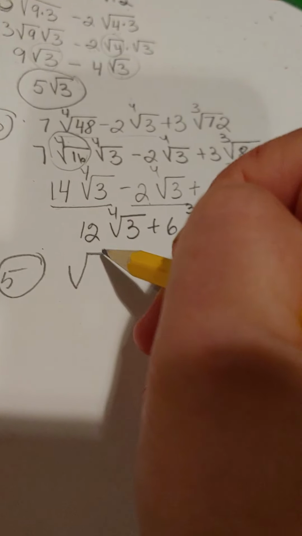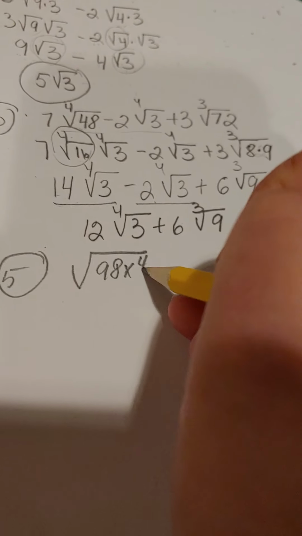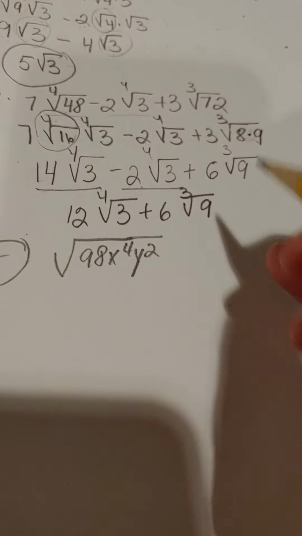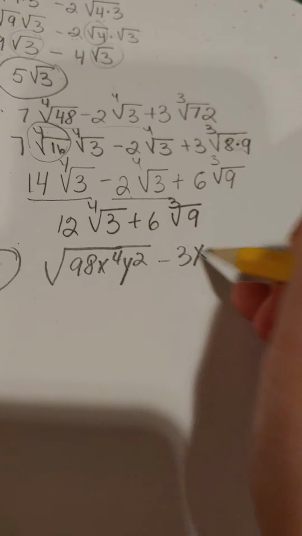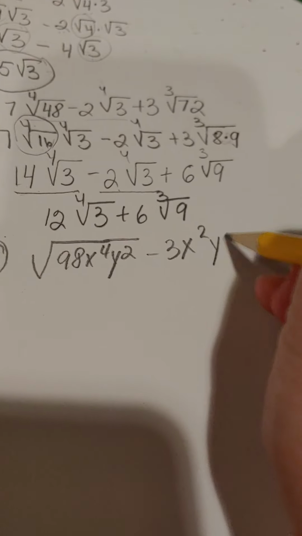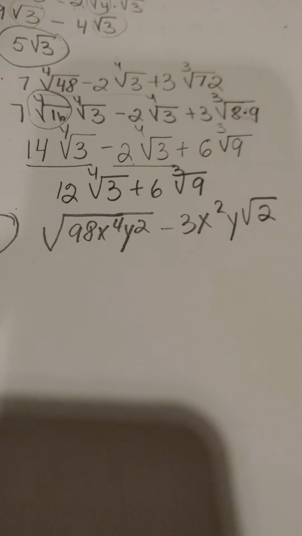Number 5. Square root of 98x to the fourth power y to the second power minus 3x squared y square root of 2.